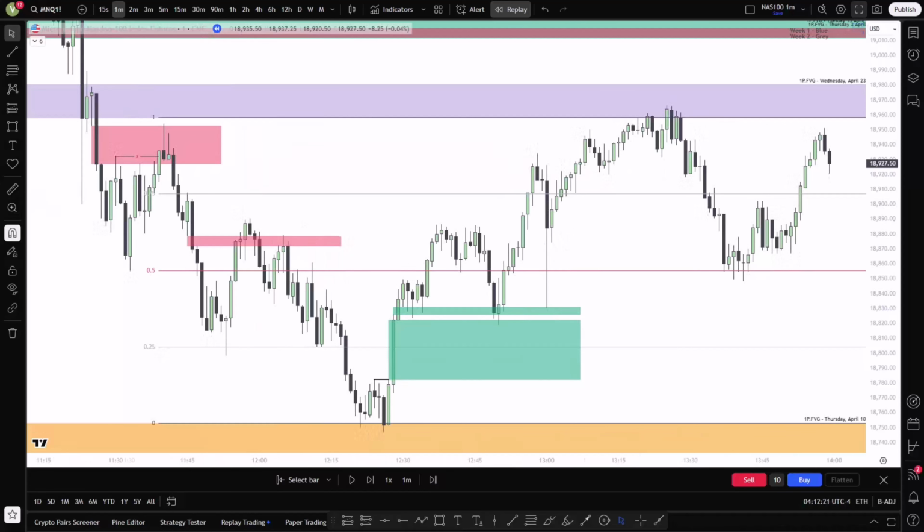Anyway, guys, please try to do this thing on your charts. Mark the first presented fair value gaps of the last 2 weeks, for example. And then any move in between the gaps, try to put the fib between these first presented fair value gaps and see how price traveled around them. Okay.